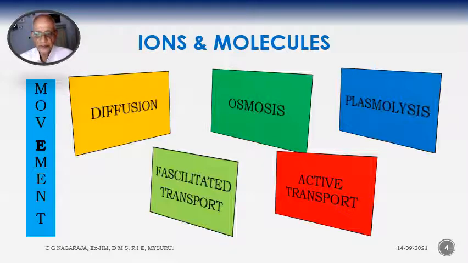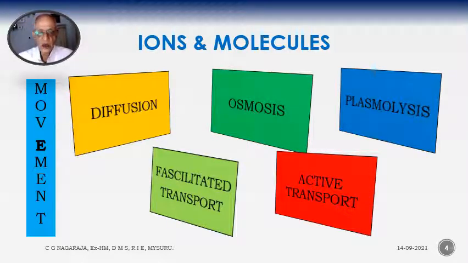So these are the 5 modes or 5 methods by which the molecules and ions move inside and outside the cell. Please remember, 5 types of movements are possible. One is diffusion, second is osmosis, third is plasmolysis, fourth is facilitated transport, fifth is active transport.